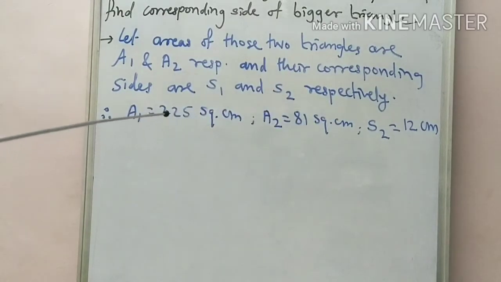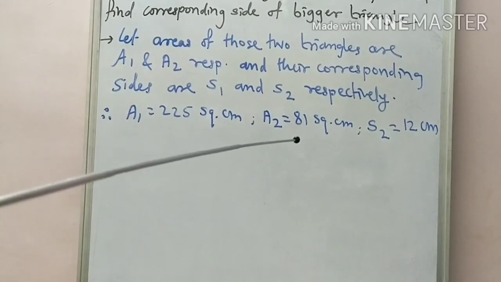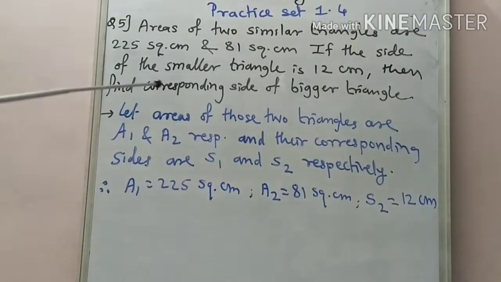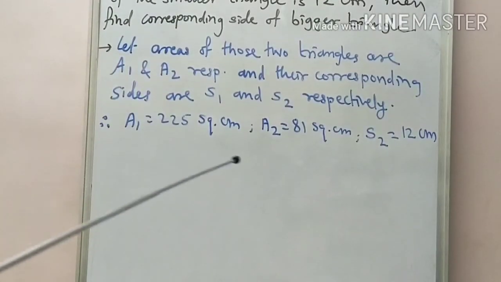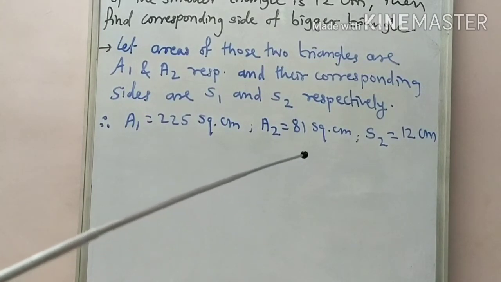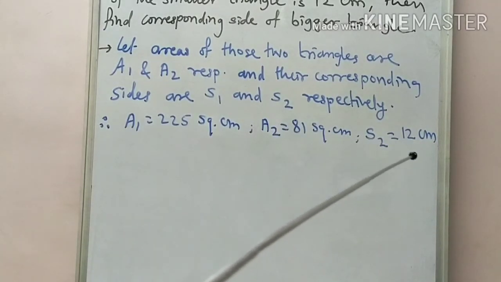According to the given information, the area of the first triangle is A1 as 225 square centimeter, and the area of the second triangle is 81 square centimeter, that is A2, and 12 centimeter is given as the length of the side of the smaller triangle. So, A2 is the smaller area, meaning for that second triangle the side is also smaller than the first one. So we consider S2 as 12 centimeter.